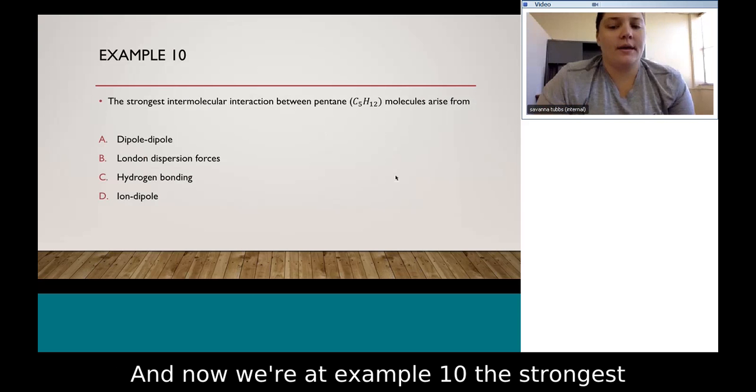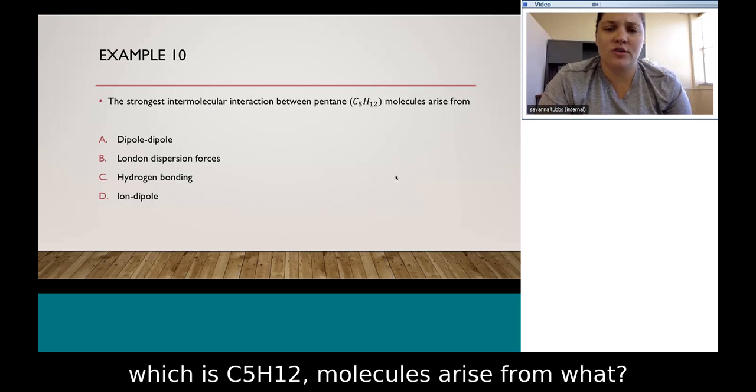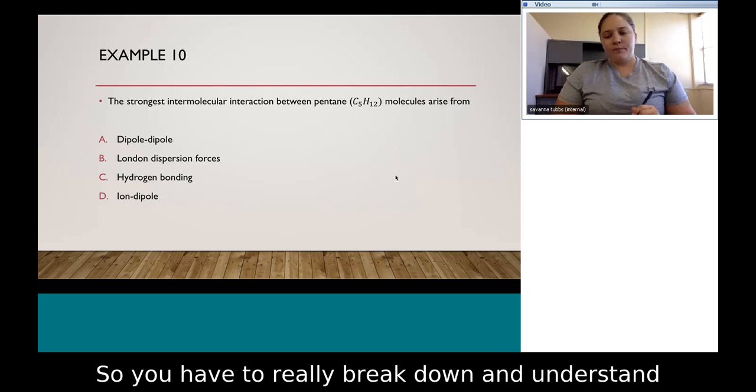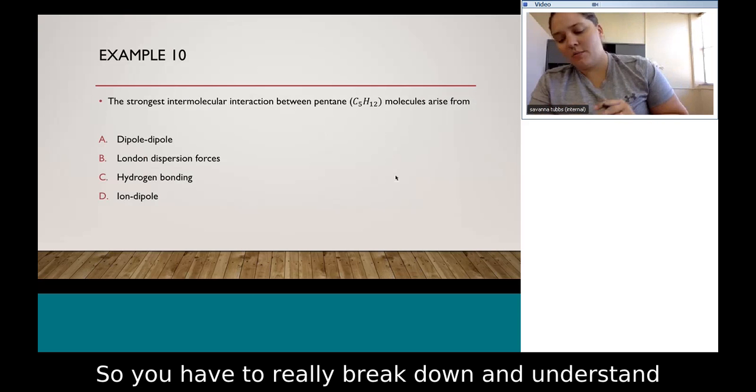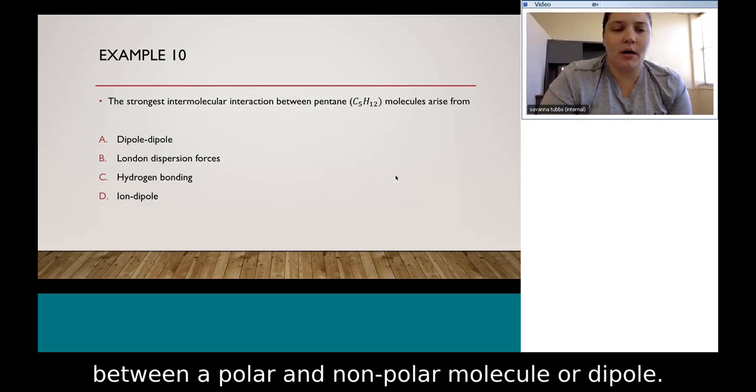All right, and now we're at example 10. The strongest intermolecular interaction between pentane, which is C5H12, molecules arise from what? So you have to really break down and understand what each of these are. A dipole is going to be the bond between a polar and nonpolar molecule, or dipole.